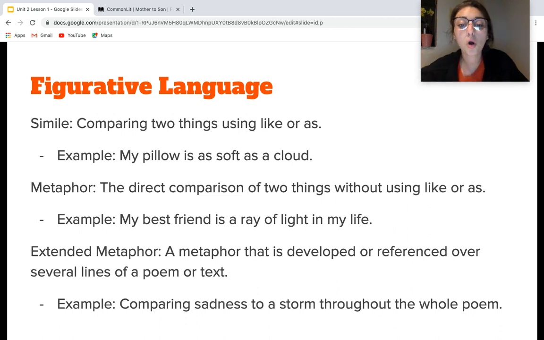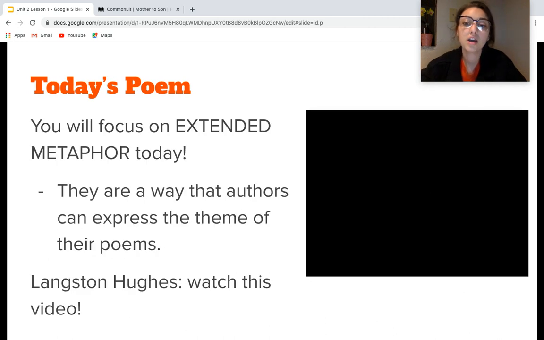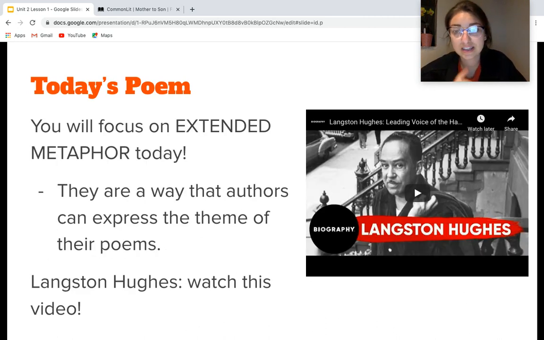Maybe the whole poem is about a big storm that's going on inside this person, and they're comparing the sadness that person's feeling to a storm using the whole poem to do it. So today's poem, you're going to focus on this extended metaphor. Extended metaphors are really a way that authors can express a theme of their poems in just one small little way.